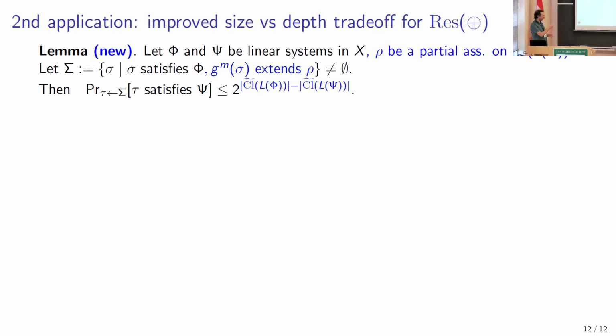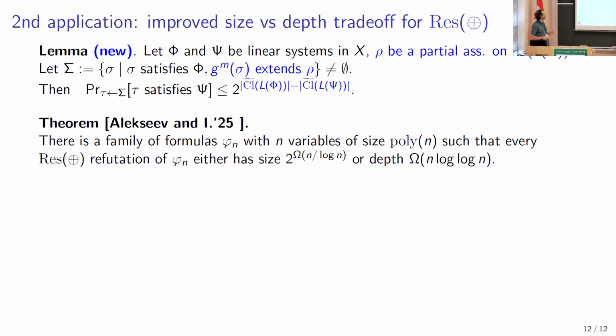And this lemma was used to improve our recent result with Yaroslav Alexeyev. The result was the following: there is a family of formulas phi n with n variables of polynomial size, such that any resolution of parity refutation of phi n has either exponential size or depth omega of n log n.